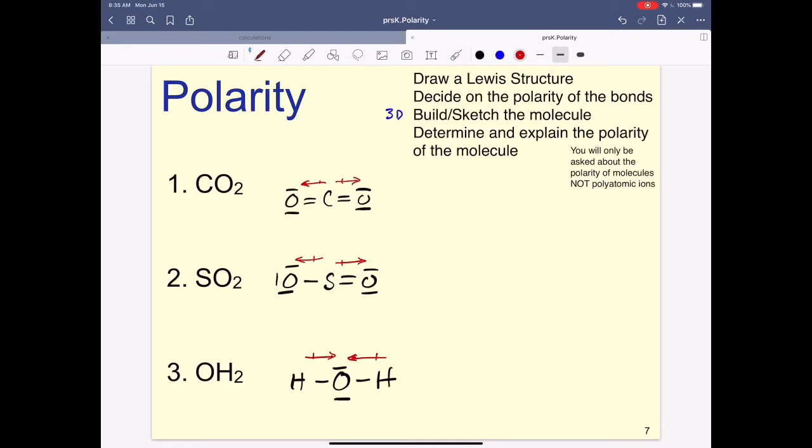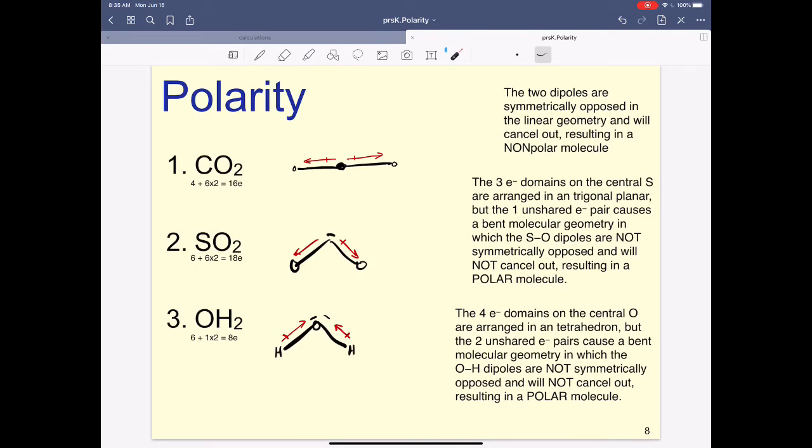Now let's be clear that these Lewis structures do not give a full indication of the actual shape. If we turn to the shape, we will realize that carbon dioxide is a linear molecule. And in a linear molecule, the dipoles, another word for polar bonds, are symmetrically opposed and will cancel out, resulting in a nonpolar molecule.